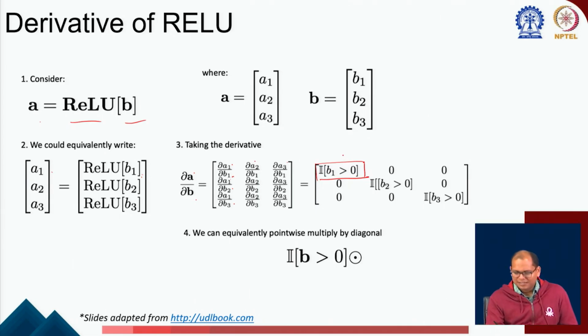So I'll get 1 only if B1 is greater than 0. That's the indicator function. And A2 over B1 will give me 0 and so on. So only on the diagonal will I have the indicator. If this is greater than 0, I'll get 1, otherwise I'll get 0. So this is as if you are multiplying pointwise by this diagonal indicator of B greater than 0. That's what the derivative of ReLU will be.